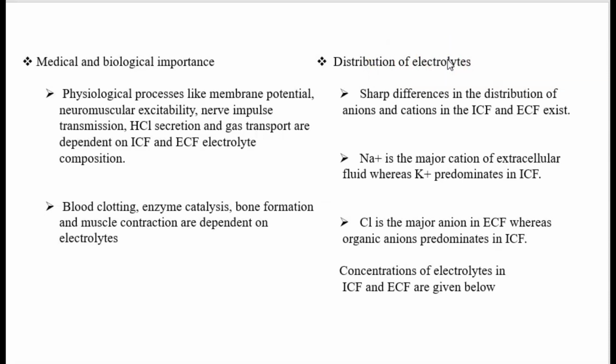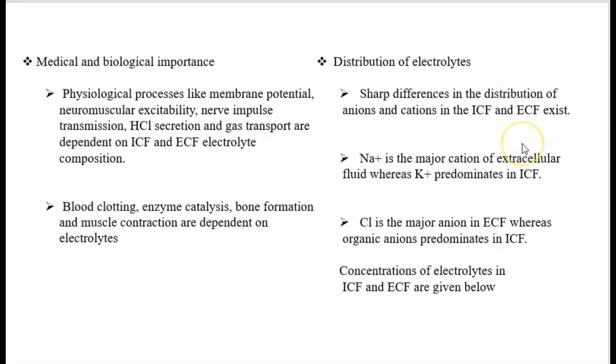Now, in the body system, there are sharp differences that exist in the distribution of the inorganic cations and the anions, both in the intracellular and the extracellular. The difference is this. In the extracellular fluid, the major inorganic cation that is predominant, with a higher range, is what? Sodium.